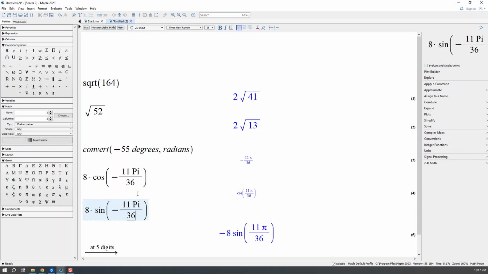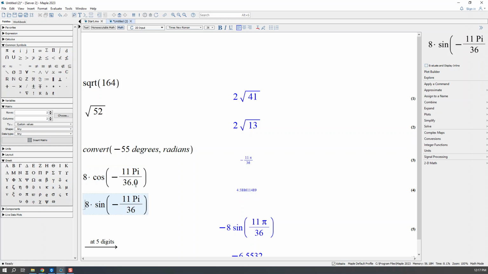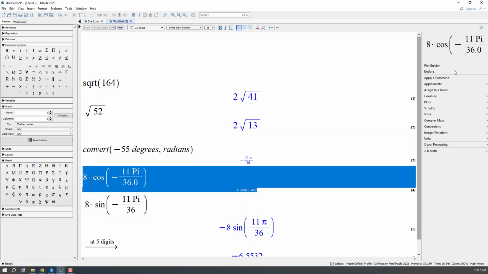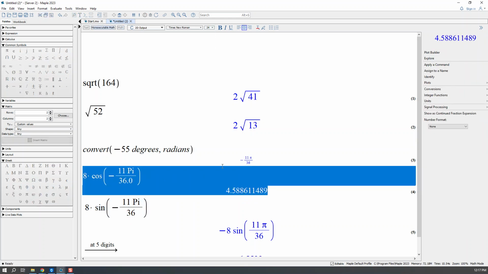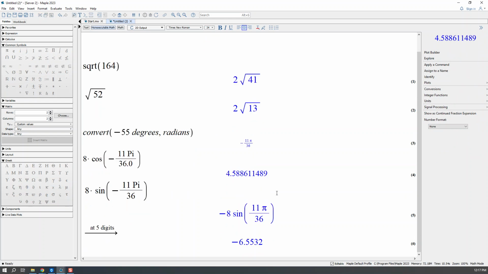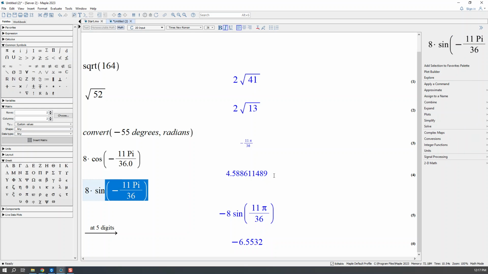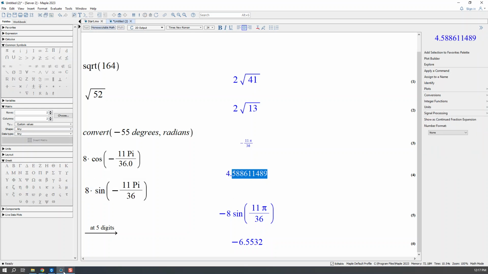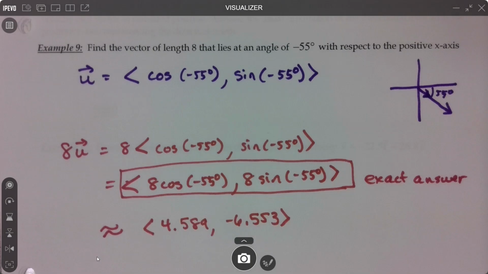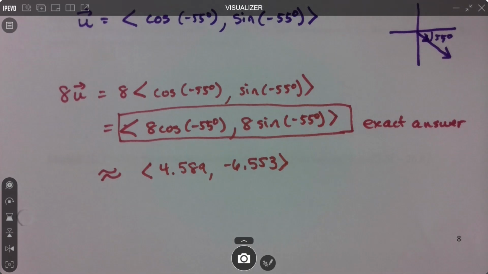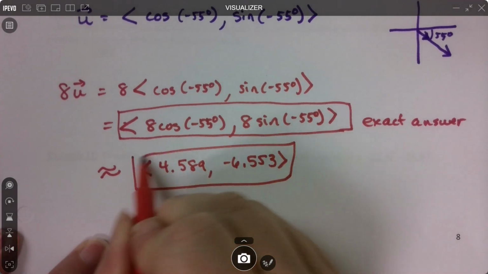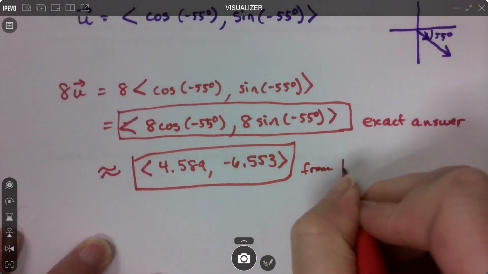Or you can just put in a decimal point somewhere, and it's going to think you want decimal answers, in which case you're fine and you can see it. So we can get the same answers just with more work in Maple. We would just circle this and say from Desmos or Maple.